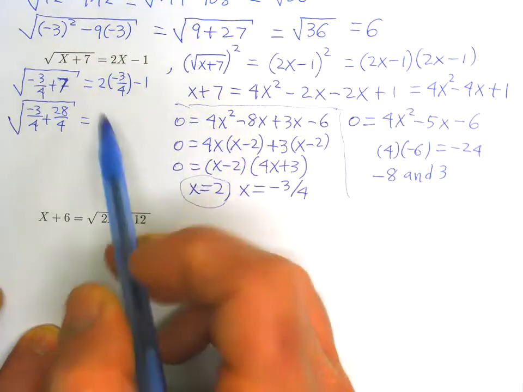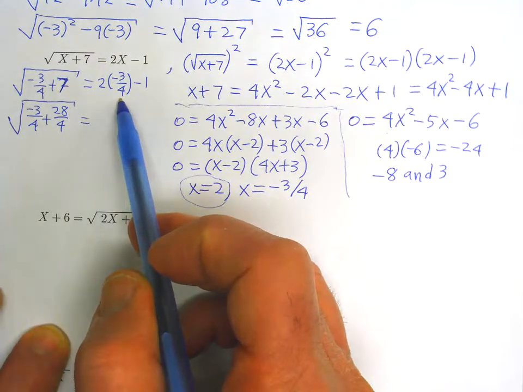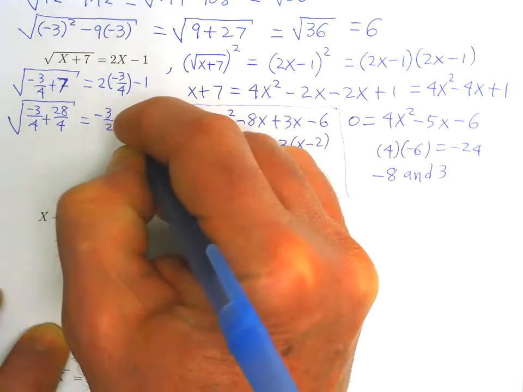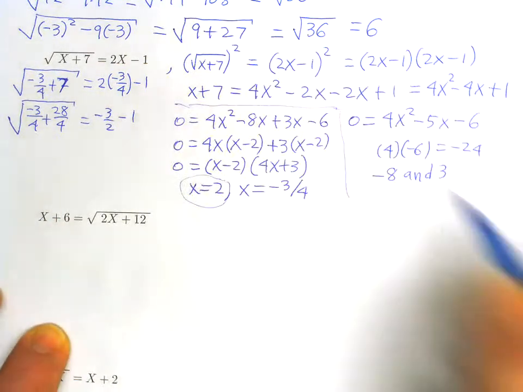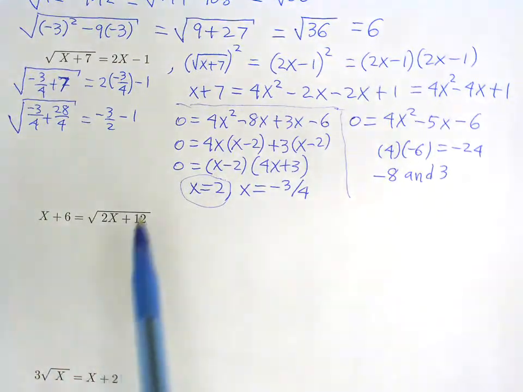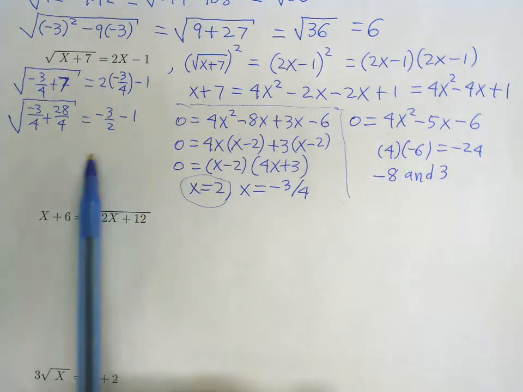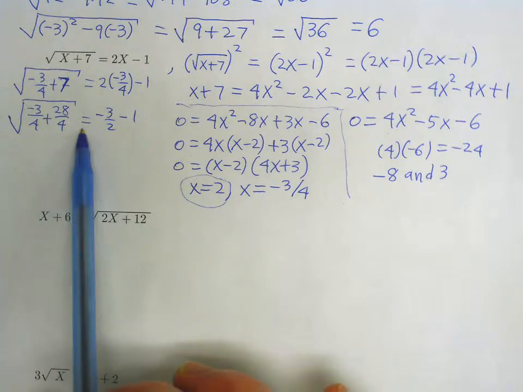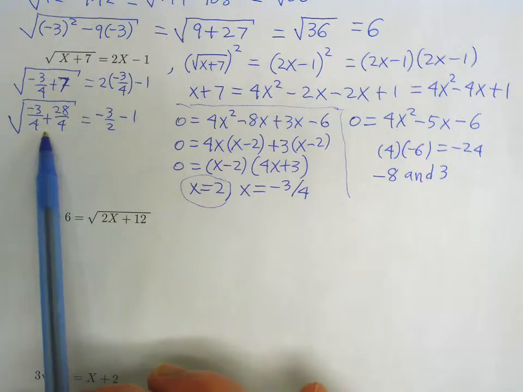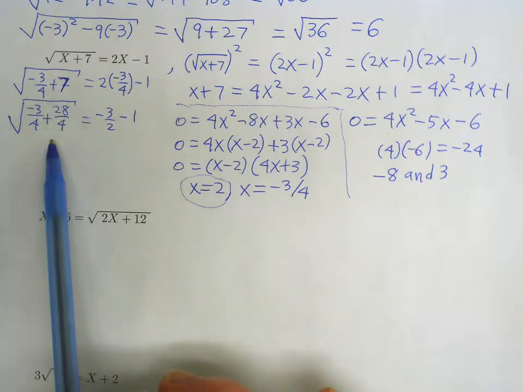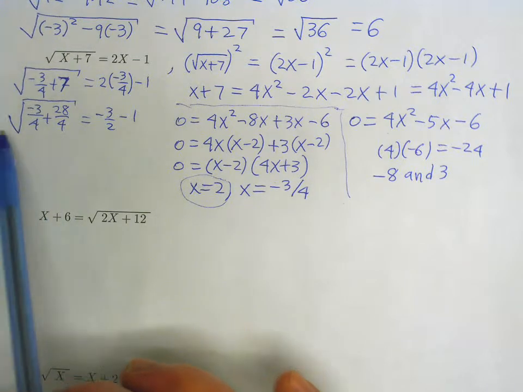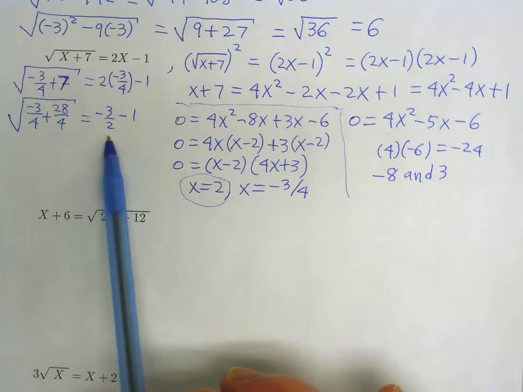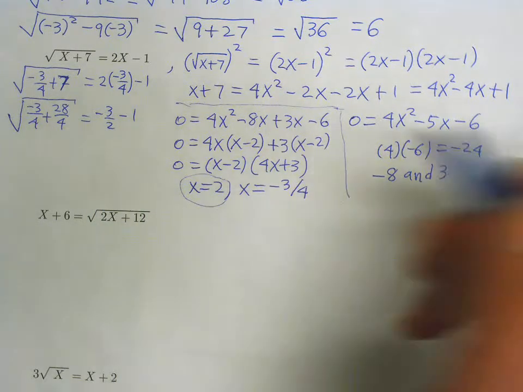And the right-hand side, 2 times negative 3/4 is negative 3/2, and then negative 3/2 minus 1.